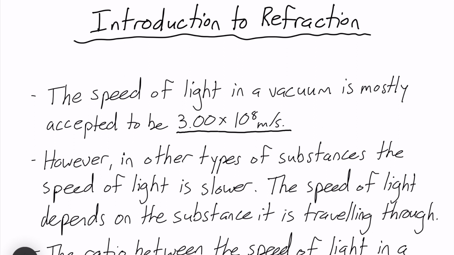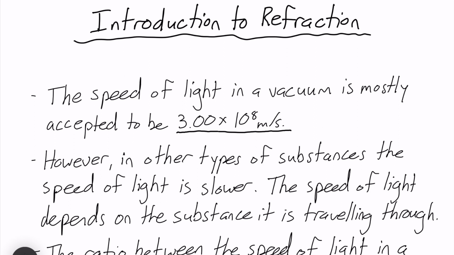Today I'm going to be giving a short introduction to refraction and discussing how the index of refraction applies to some problems that we can solve. So the speed of light in a vacuum is mostly accepted to be 3.00 times 10 to the 8 meters per second.